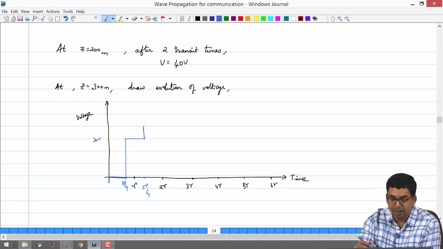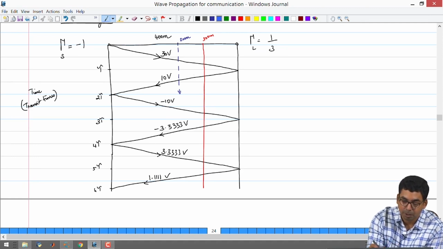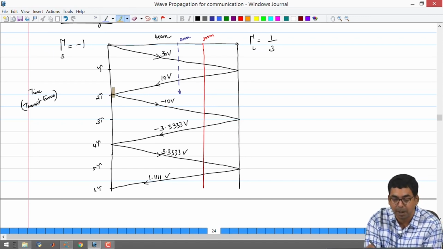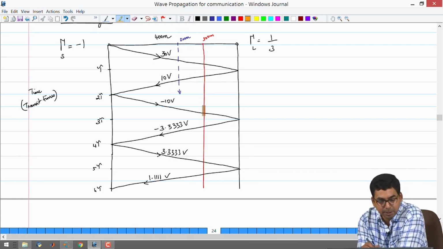Okay. And then it remains as such for a while. So then you have the 10 volts going here, right. It remains at 40 volts till this wave goes from this point at 300 meters to the source side, gets reflected and comes back. So this is 300 meters and 300 meters, that is about 600 meters, all right.